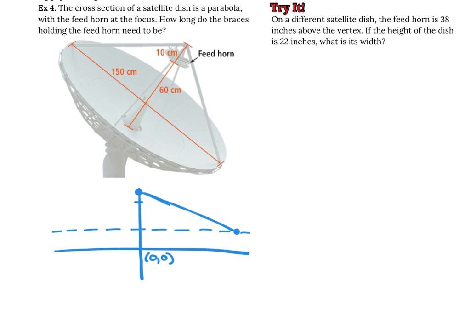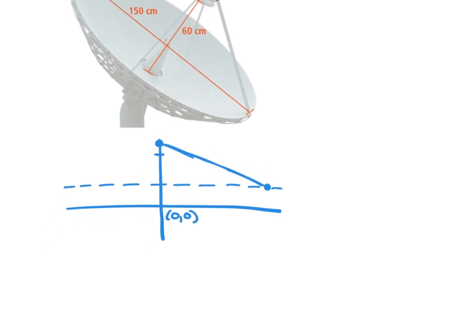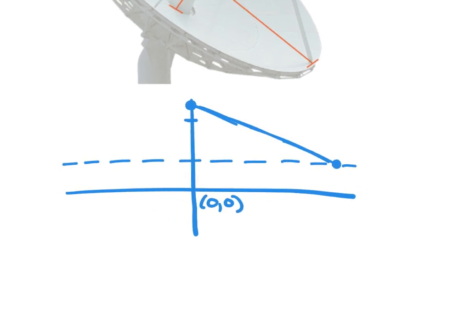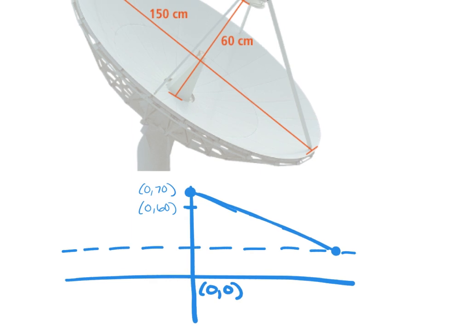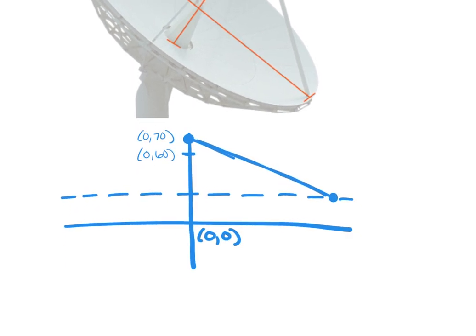Let me zoom in. So this would be 0, 60. And then our feed horn has a height of 10, so this would be 0, 70. The entire diameter is 150, so that means the radius would be 75. So this coordinate would be 75, and then whatever the height is.